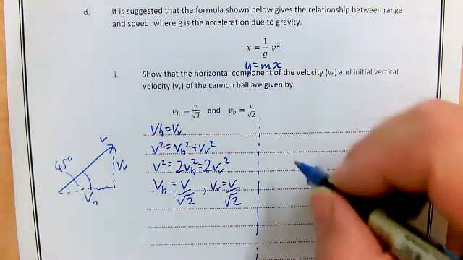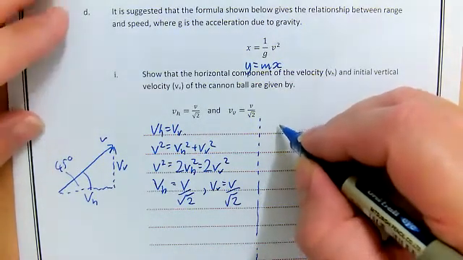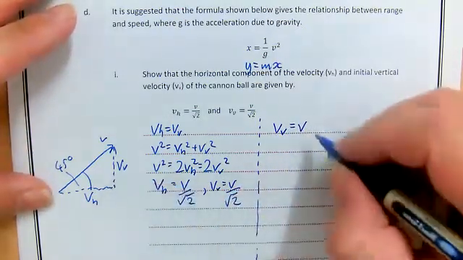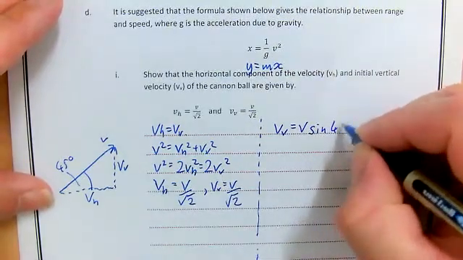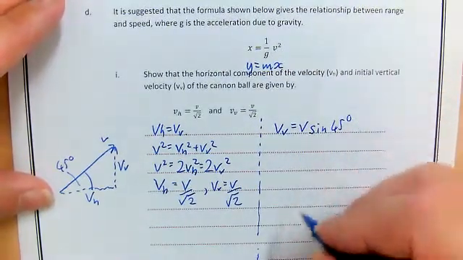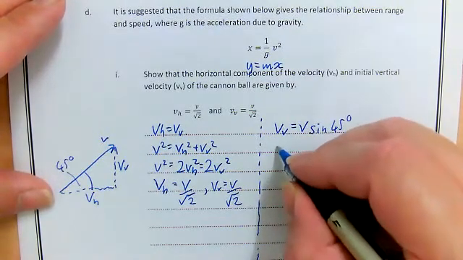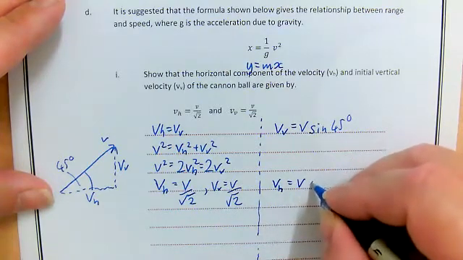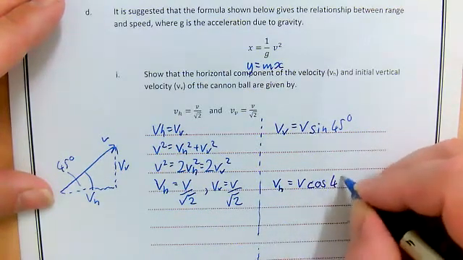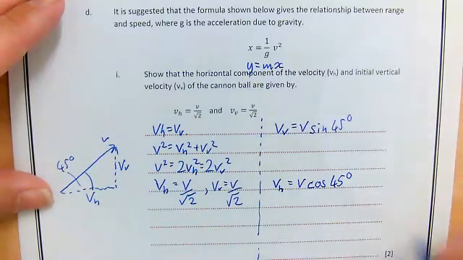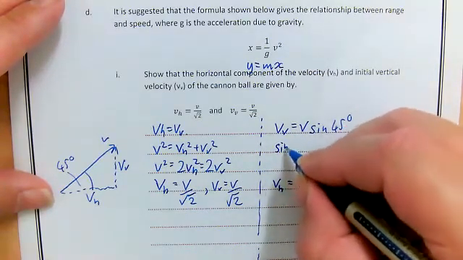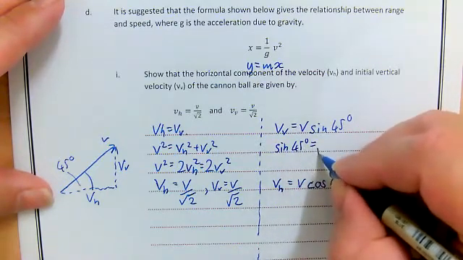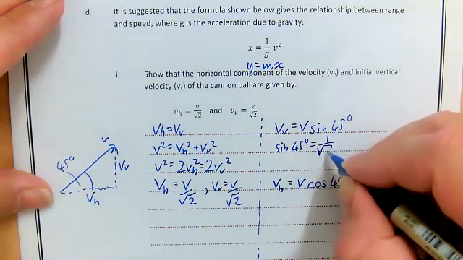is to use trigonometry. We know that vv, well, that's the opposite, so that's going to be v sine theta. And we know that vh is going to be v times the cosine of theta, the angle, 45 degrees. Well, those of you who are good at mechanics, the sine of 45 degrees is 1 over root 2.